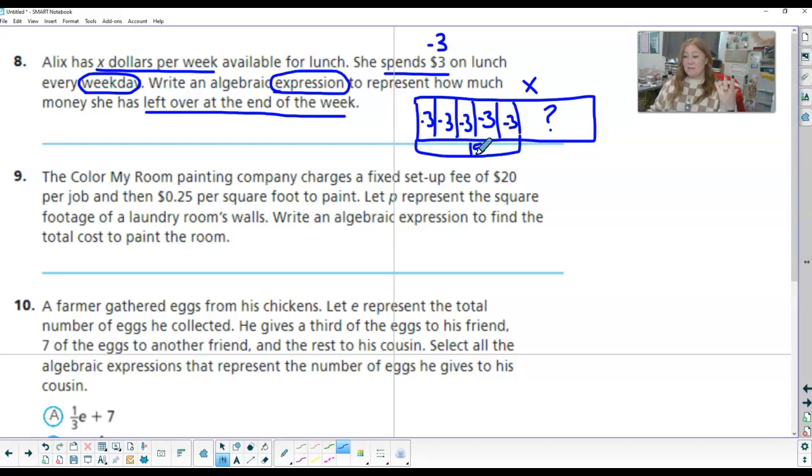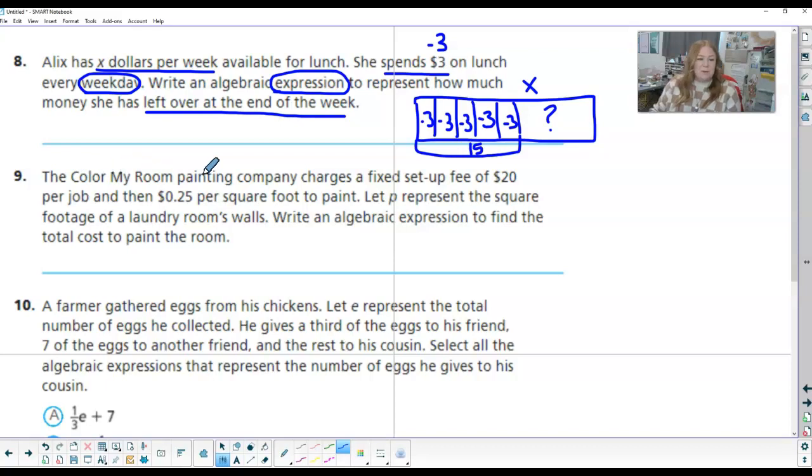If her parents only gave her $15, she wouldn't have anything left over. So we're taking this and we're taking it away from the X. Okay? So we're starting with our total, taking this away from it. So see if you can use the X, the 3, and the 5 to go ahead and write me an algebraic expression here. So try that out.